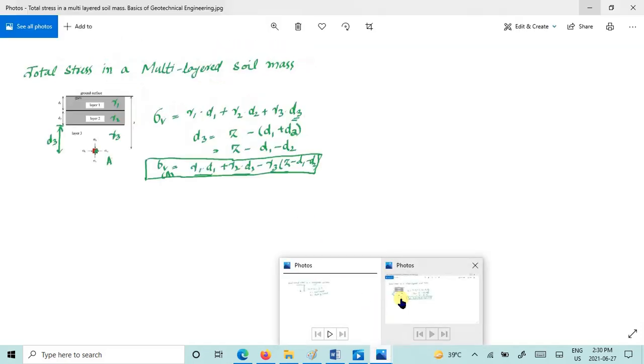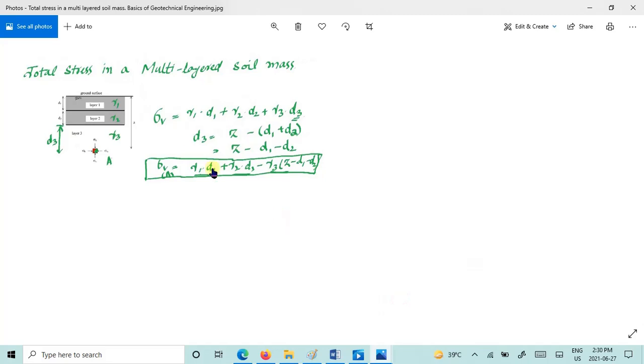In another video, we discussed how we can find the total vertical stress at that particular point A, and if we experience different layers in the field, for example layer 1, layer 2 and layer 3, we explained that we can find it by adding the weights of the different layers, for example multiplying the unit weight of one particular layer with the depth of that layer, then the unit weight of the second layer with the depth of the second layer, and the unit weight of the third layer multiplied by D3, that depth.